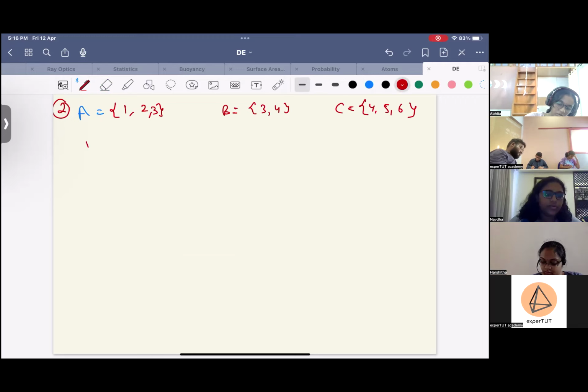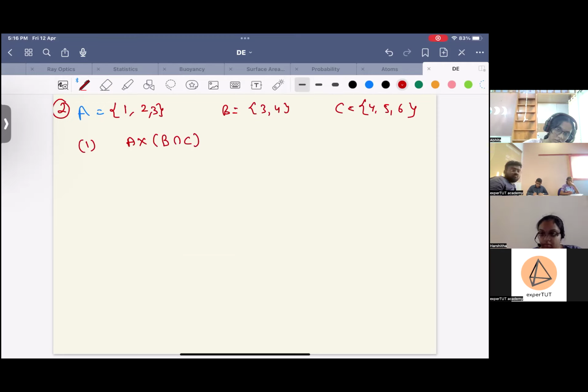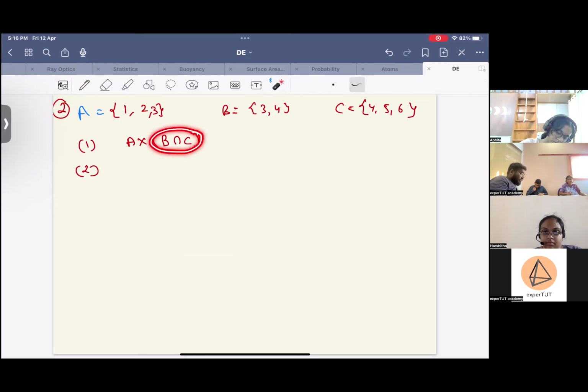First, find A cross B intersection C. Intersection you have understood, no? Tell me what is B intersection C? Yes, that's it, 4. And if something is in brackets, you have to solve this first and then take a cross with this. Brackets are always solved first.